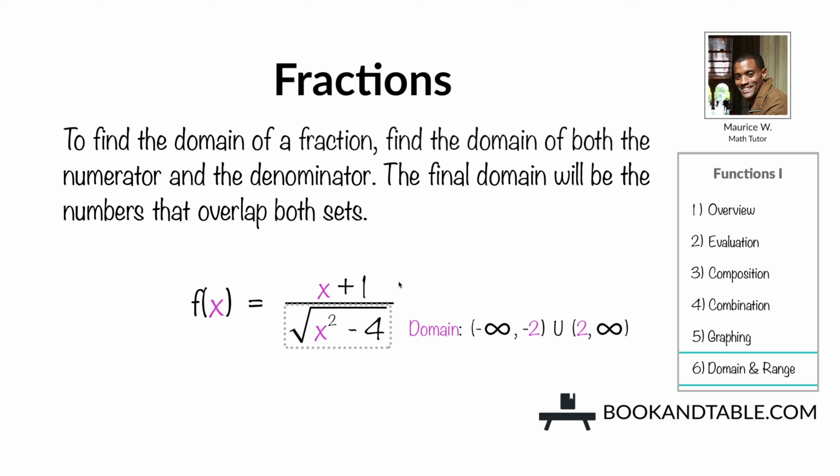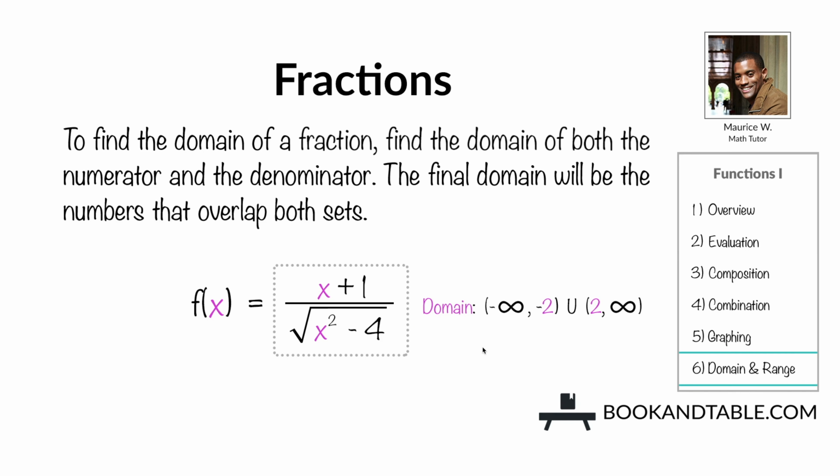So since the numerator has no restrictions in the domain, and the denominator has restrictions, then that means the overall domain for the fraction is the part with the restrictions. Since this domain is included in the domain of the numerator and the domain of the denominator, then this is our answer.